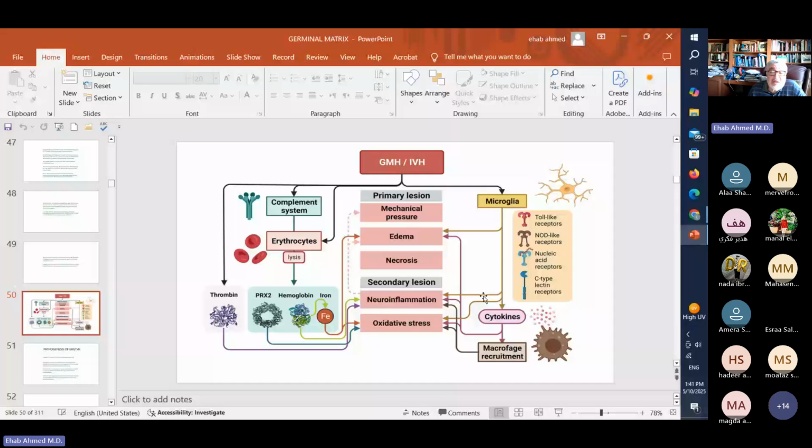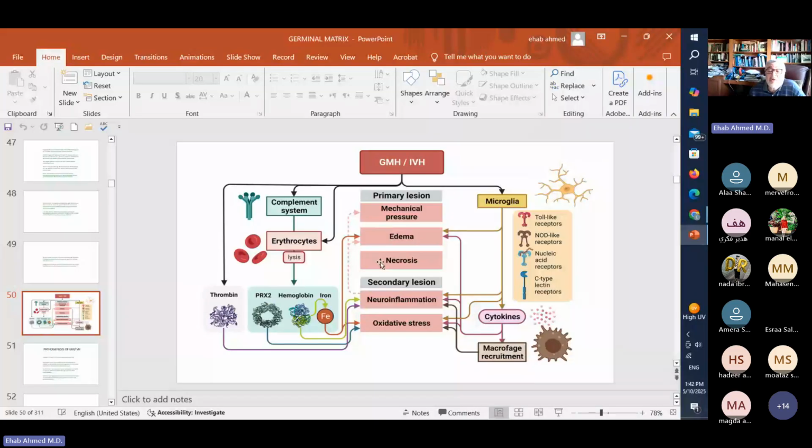And this is, as I told you, the pathogenesis, which is multifactorial, and there is a correlation between the immune system, the complement system, and the erythrocyte lysis that happens, which releases iron, and iron will turn into hemosiderin, and all these are irritant and toxic materials to the brain.